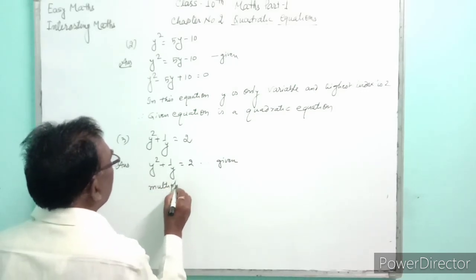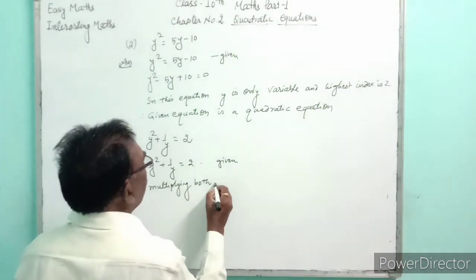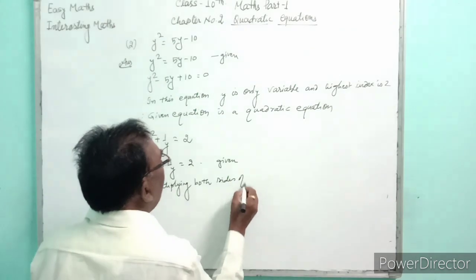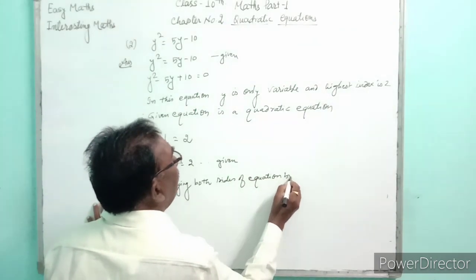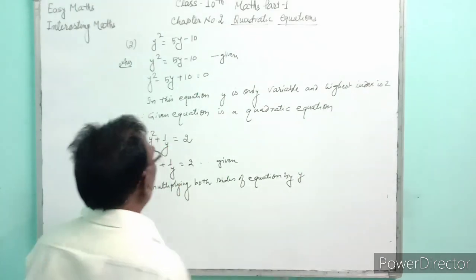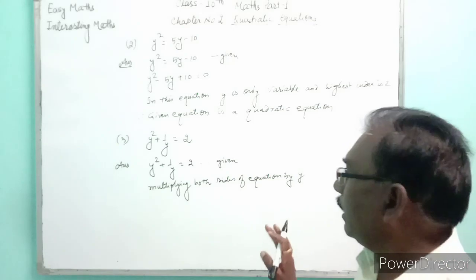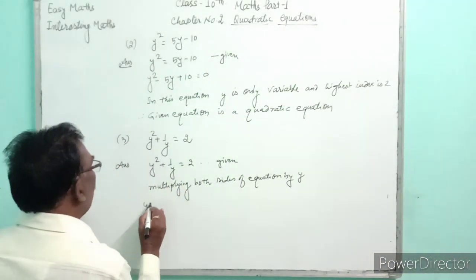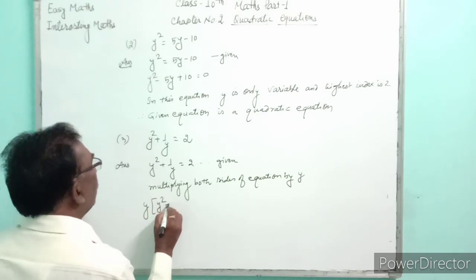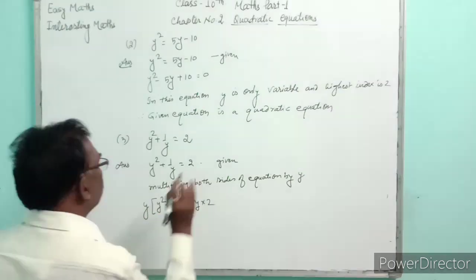Multiplying both sides of the equation by y. We will multiply the given equation by y. What will happen? y into y square plus 1 upon y is equal to y into 2.